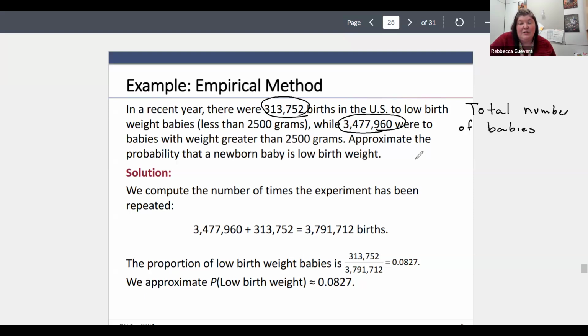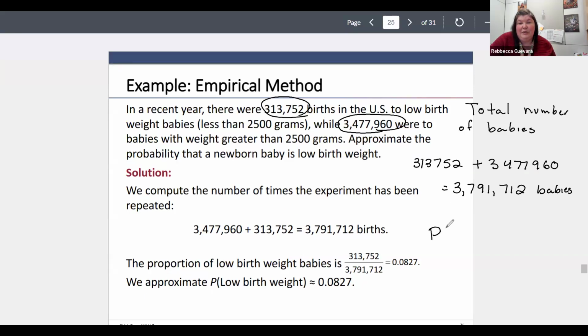All I have to do is add those together. That should cover all my babies, because I have low birth weight babies, and then I have babies that are not low birth weight. If I add those together, I should end up with 3,791,712 babies or births.